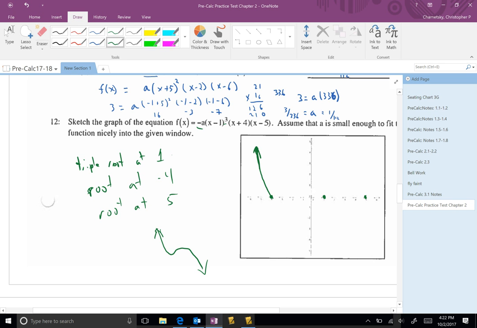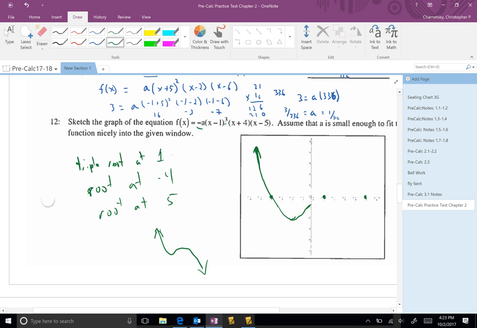We have a single root at negative 4, so our polynomial is just going to go straight through. We're going to have a local minimum, and then we're going to bend up towards our triple root at positive 1. Now with a triple root, we're not going to go straight through.